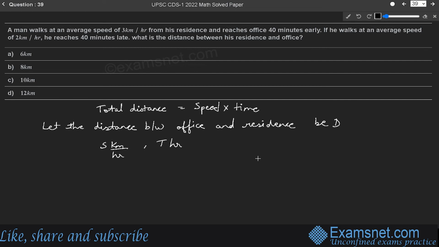Now according to the question, the distance between the office and the residence is equal to 3 into t minus 40 upon 60. Let this be equation number 1. And d is equal to 2 into t plus 40 by 60. Let this be equation number 2.